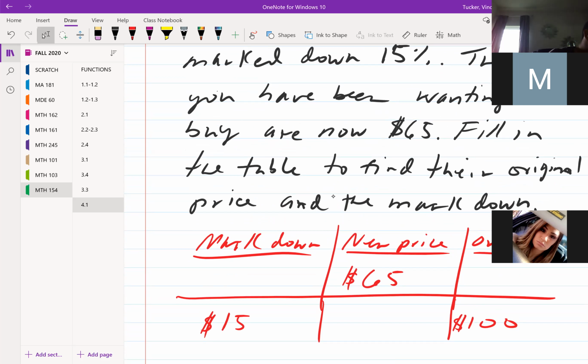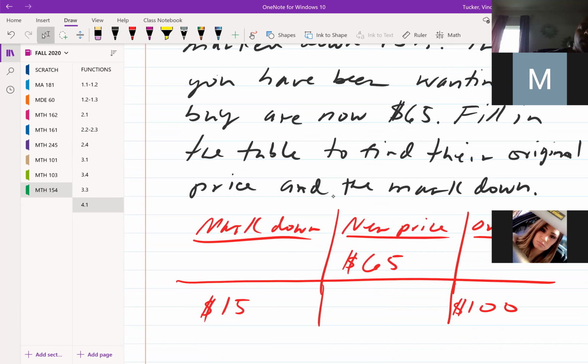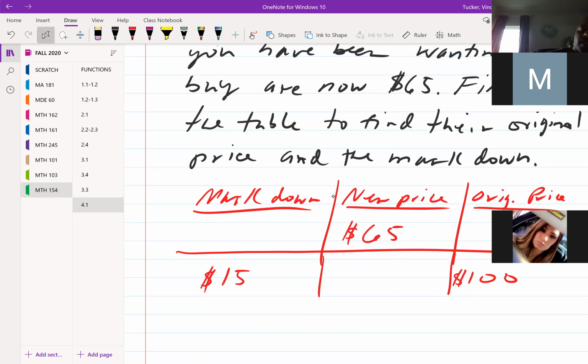Looks a little funky. So markdown 15%, the boots. Okay, so we have a markdown of 15% in the original price. I don't like the way this chart is set up. Anyway, this is how they gave it to you. So we can find this piece first. If I were to set this chart up, I would have put the original price all the way to the left. That would be your first column, your original price. Then the markdown, then the new price. But they put it in reverse.